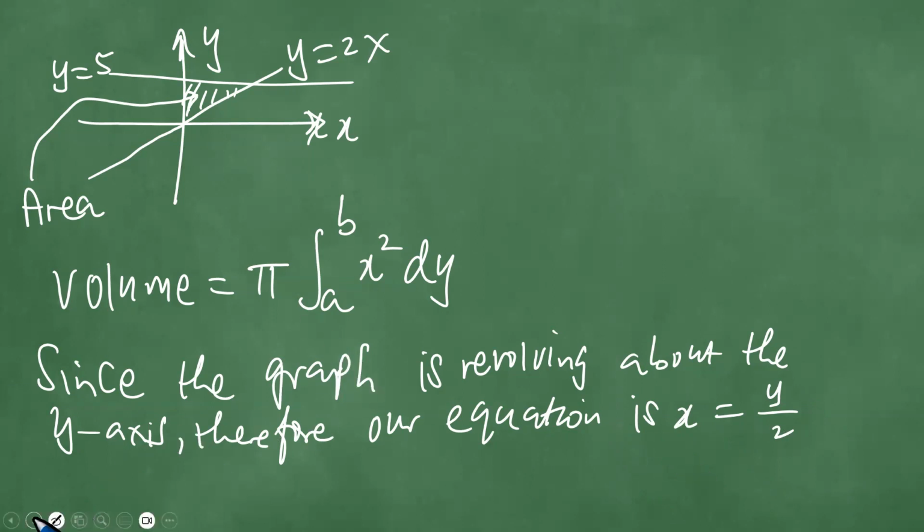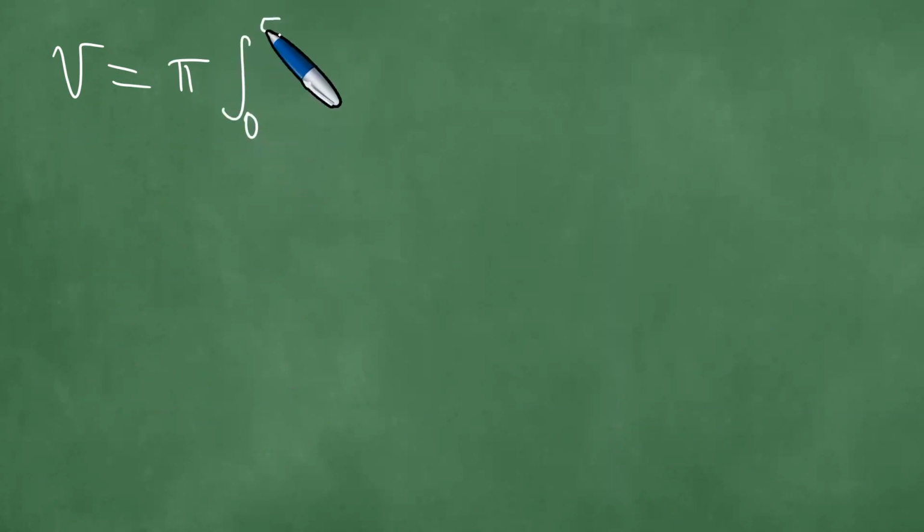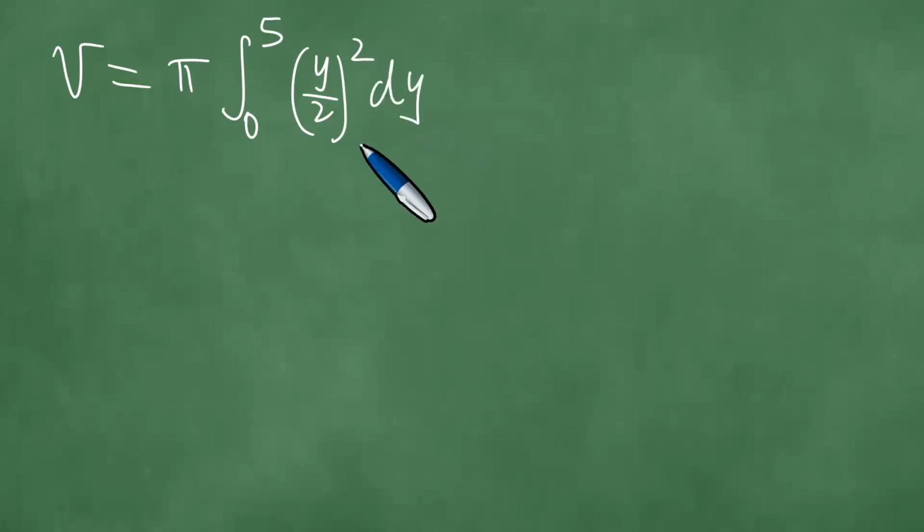Now, if this is true, that would therefore mean the volume is pi, integral from 0 to 5, y out of 2 squared dy.